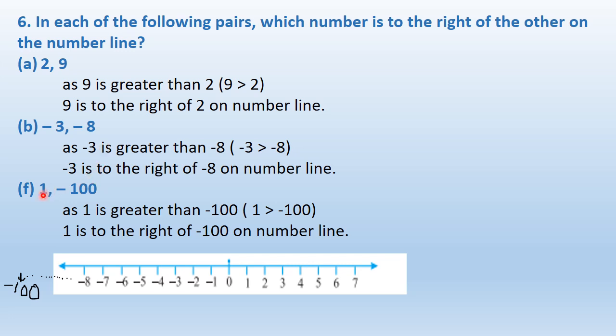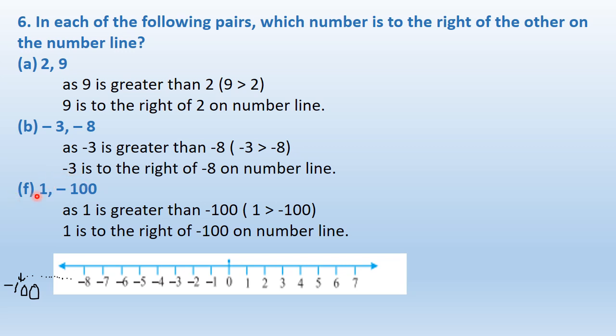Okay, now 1 and minus 100. 100 is the bigger number. But as here the negative sign is there, this is the smallest number compared to 1. So we can say here 1 is greater than minus 100.